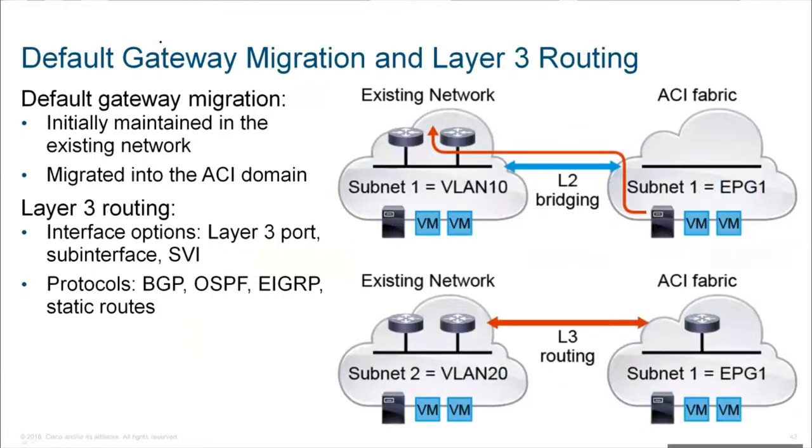Now, my default gateway initially was on the traditional network. Probably HSRP on my existing network. So all of these would have to send their traffic over the layer 2 to be routed over the default gateway.